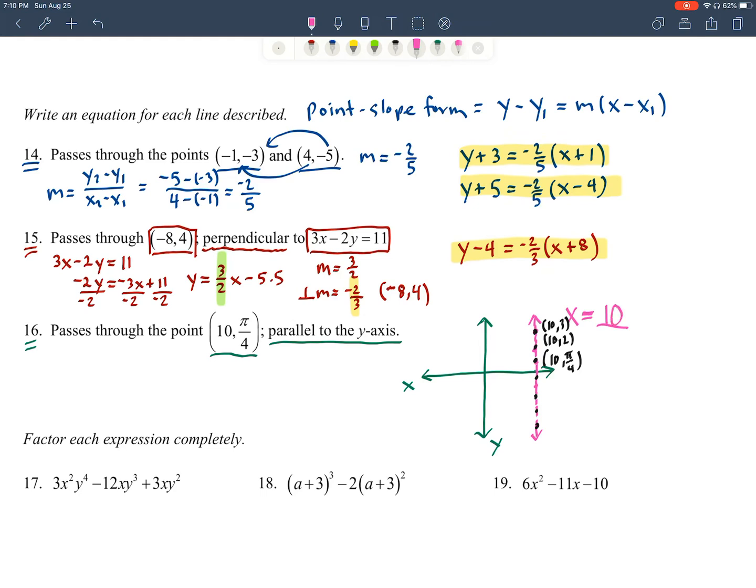This is all the points where x equals 10. I know it's a little sloppy, I apologize, but that should be the answer to number 16, the equation x equals 10. So that's the work and answers for 14, 15, and 16. Please make sure that you understand, and I will see you in class.